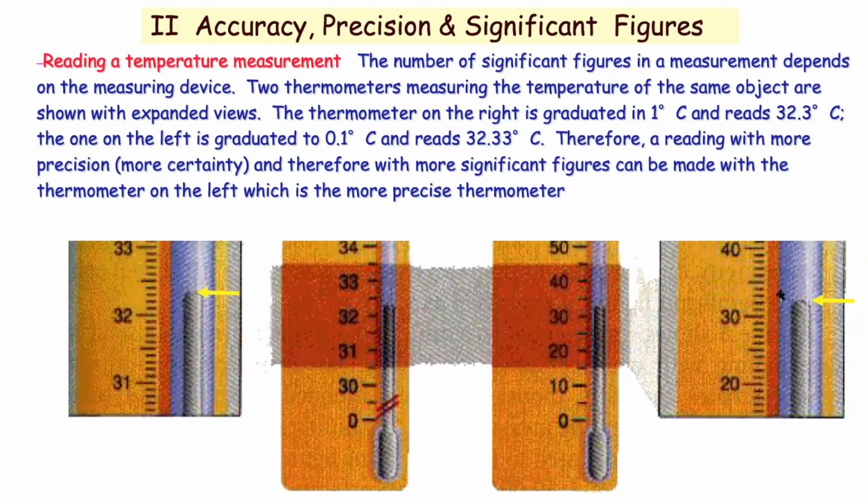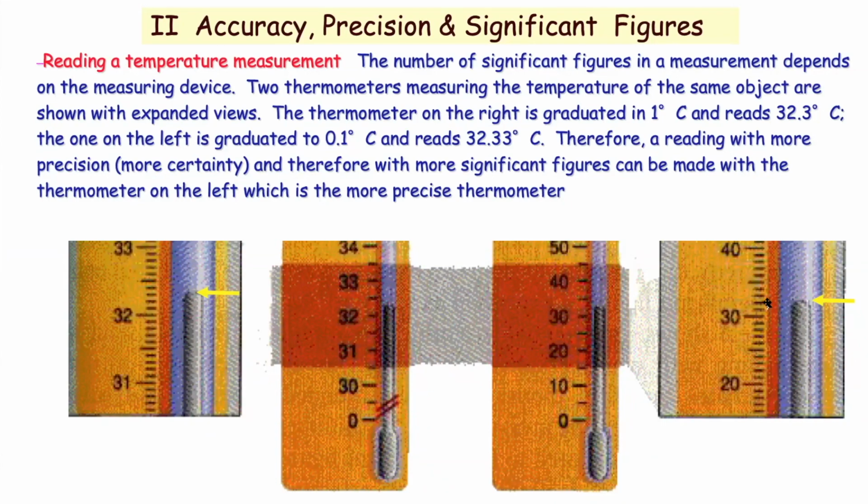On the other hand, this thermometer is less precise, because if this is 30 and that's 40, then this is 31, 32, 33. This mark right here is between 32 and 33. So I would say 32.2 or 32.0.